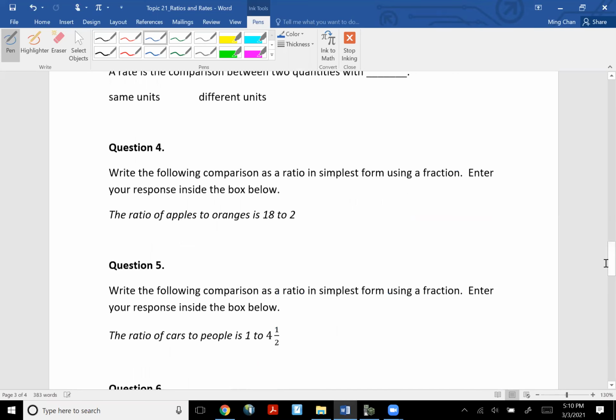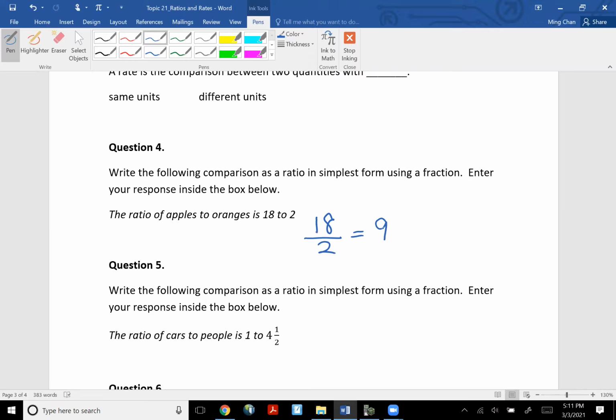Number 4, write the following ratio in simplest form. This is a tricky problem. The ratio of apples to oranges is 18 to 2. If you simply put 18 over 2, that will be incorrect because this is not a simplified fraction. 2 goes into 18 9 times, or 18 divided by 2 is 9. If we simply put 9 for the answer, that's also incorrect, because when you say 9, I will be asking you, 9 compared to what?